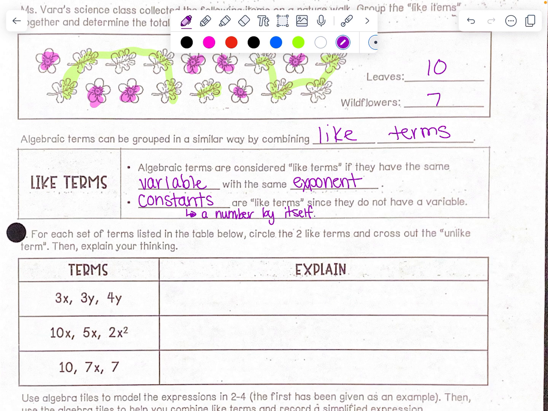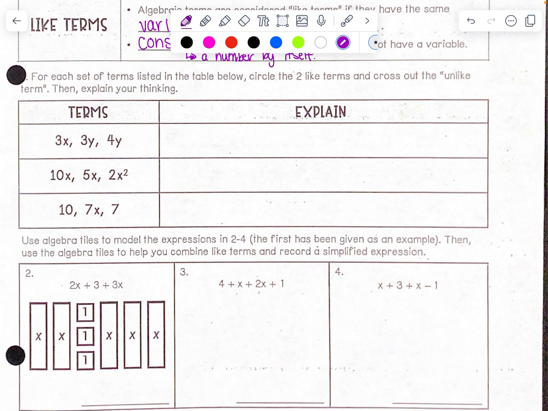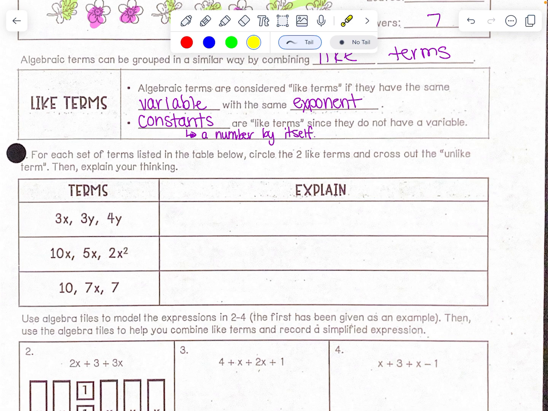Okay, so this next one. For each set of terms listed in the table below, circle the 2 like terms and cross out the unlike term, then explain your thinking. Okay, so we'll do this first one together. We've got 3x, 3y, and 4y. We have to decide which one would be like. And according to this definition, they are like when they have the same variable and the same exponent.